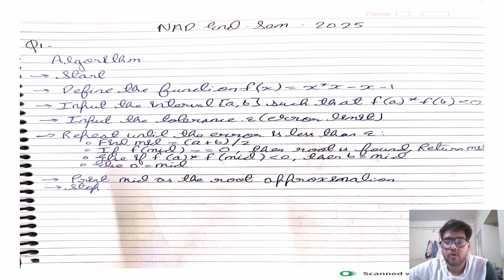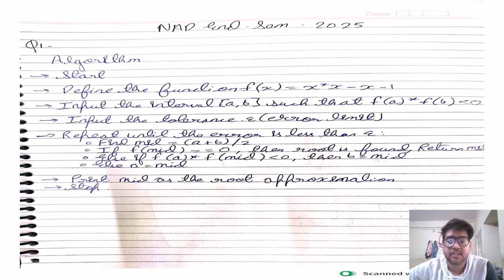the algorithm. Define the function f(x), which is x² - x - 1. Input the interval from a to b such that f(a) × f(b) is less than 0. Then input the tolerance epsilon, which is the error limit. Repeat until the error is less than epsilon.